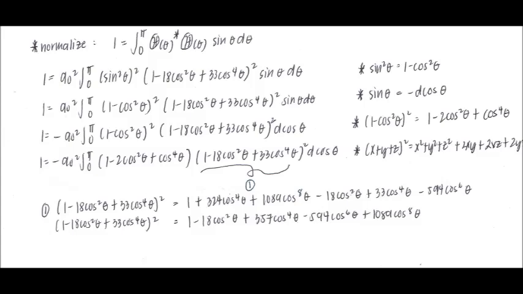So we're combining the like terms. Now we have the new value of (1 minus 18 cosine squared theta plus 33 cosine to the 4th theta) squared, equal to 1 minus 18 cosine squared theta plus 357 cosine to the 4th theta minus 594 cosine to the 6th theta plus 1089 cosine to the 8th theta.